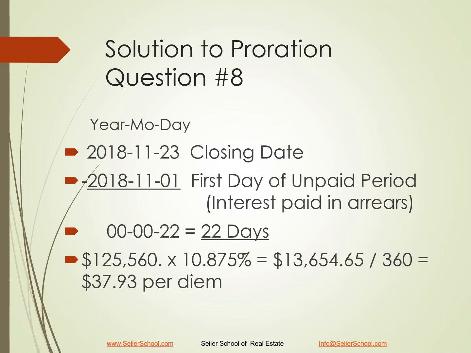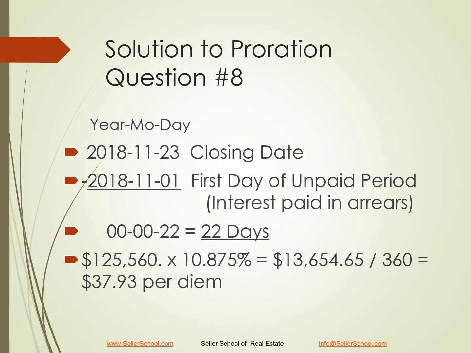To figure out our interest, the loan balance is $125,560 at 10.875%. How I got 875 is 7/8. So you take the number 7, divide by the number 8, and it'll be 0.875. So it was 10 and 7/8.